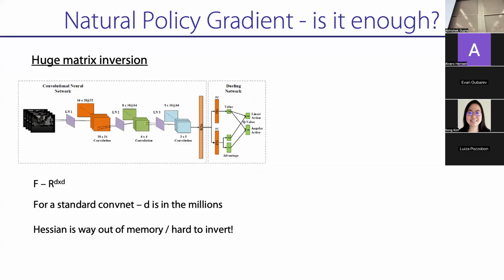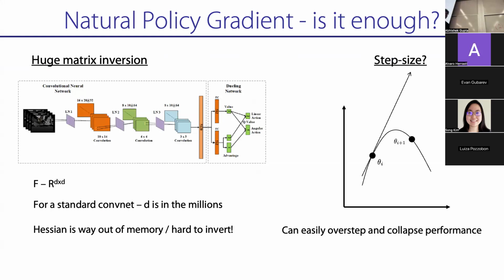Let's say you have a big neural net, your F matrix becomes D by D, and so it becomes pretty hard to invert explicitly. You want to avoid matrix inversions like that. And the second is our original issue of step size; we still haven't dealt with our step size issue, right? And so the next algorithm we're going to talk about is called TRPO, or Trust Region Policy Optimization, and it's going to try and deal with these two issues.